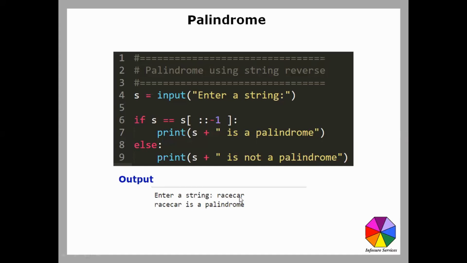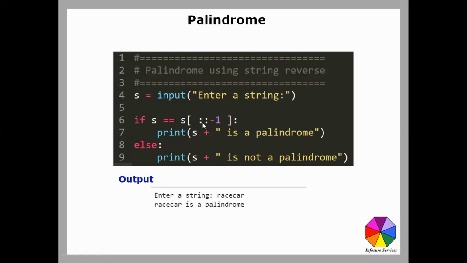So we are taking this string as a variable s from a user input, and we check that string is equal, with a double equal to, to the reverse of that string.